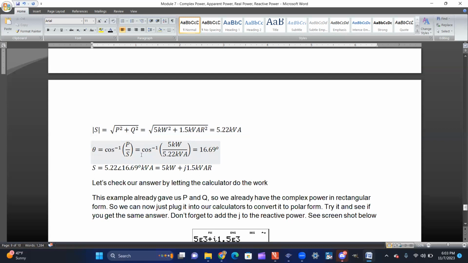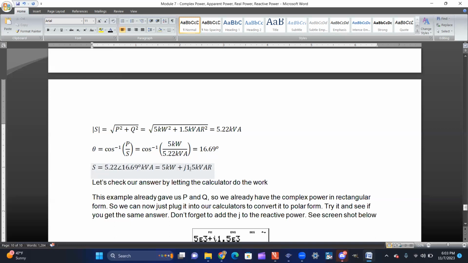All right. And the complex power will just be, I mean, you can calculate it, you can throw it into your calculator, but you have everything that you need right here in order to put the complex power in polar notation. So you have the magnitude right here, and also you have the angle. And then you can also convert it to rectangular.